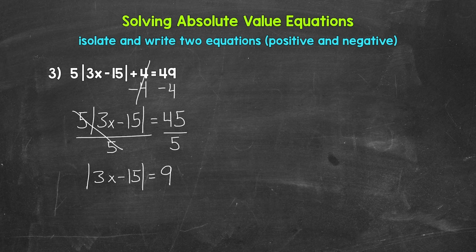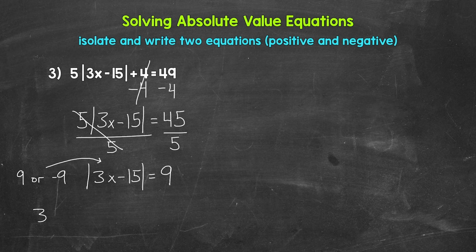Now we know that the absolute value of 3x minus 15 has to equal 9 or negative 9. The absolute value of 9 equals 9, and the absolute value of negative 9 equals 9. So we need to write two equations.